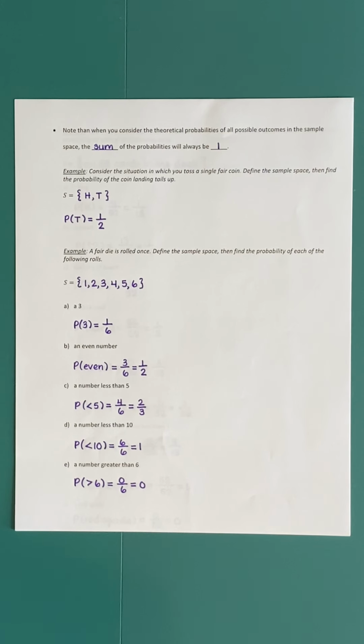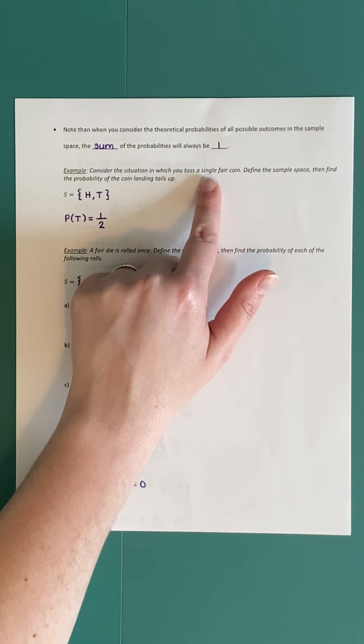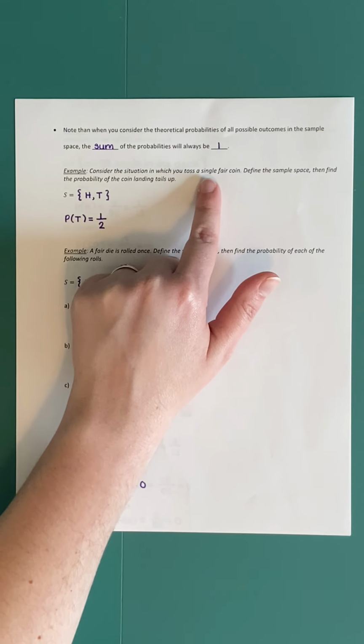So we want to define the sample space, then find the probability of the coin landing tails up. Okay, now again, sample space just means look at the experiment, look at the action being taken, and list all the different outcomes you could get from taking that action. So our experiment is tossing the coin. That's the actual action we're taking.